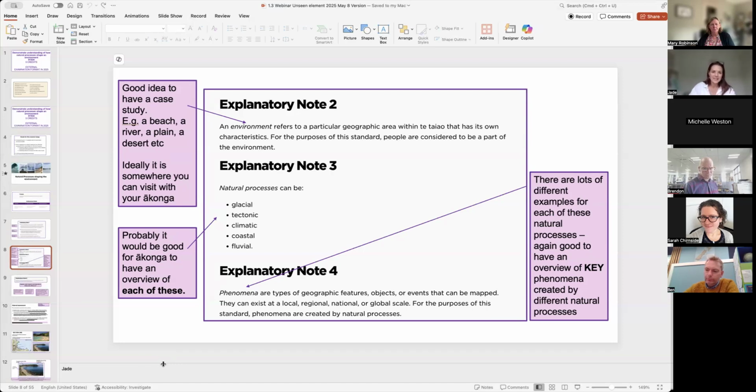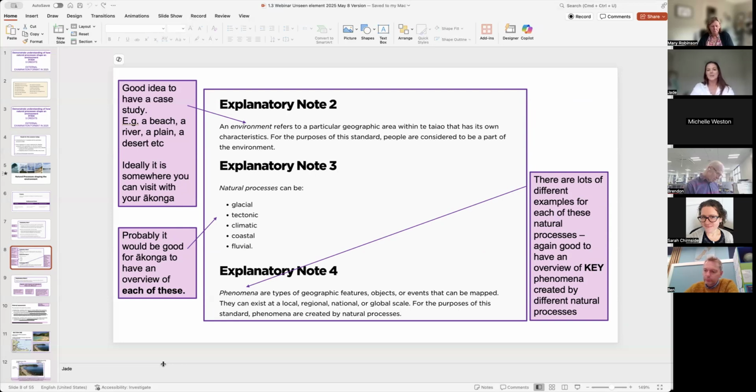So ideally, you need to have a case study, so a beach, a river, a plane, anything like that. If it's somewhere in your local area or somewhere accessible to take ākonga on a trip, that is even better, so they can become really familiar with this environment and the processes that are going on there, what the phenomena look like, and who the people are that might be impacted by those processes.